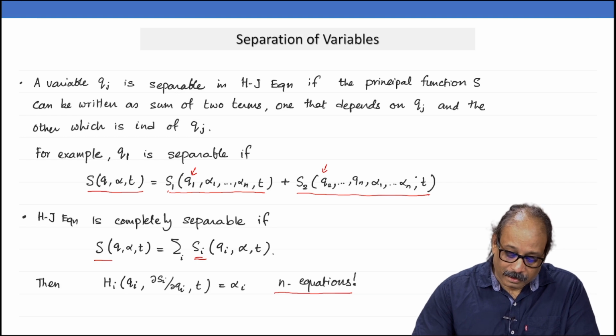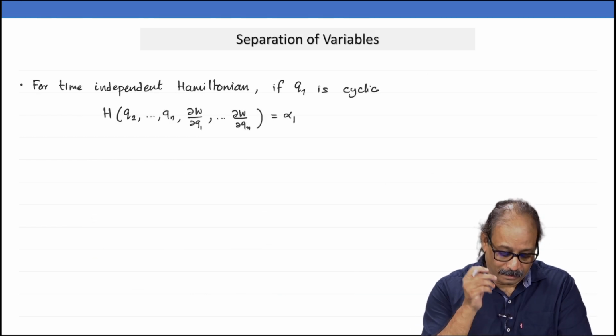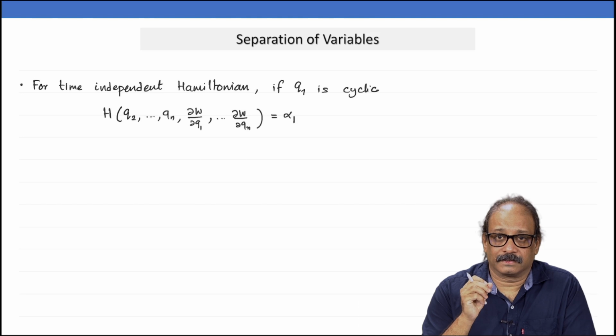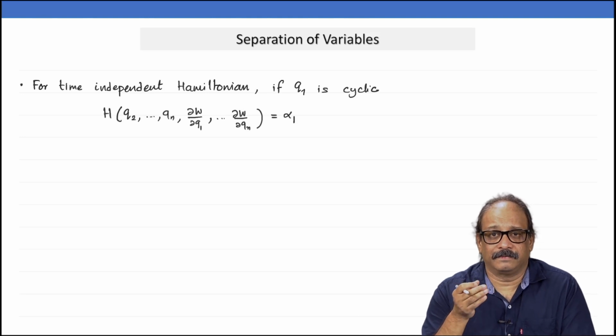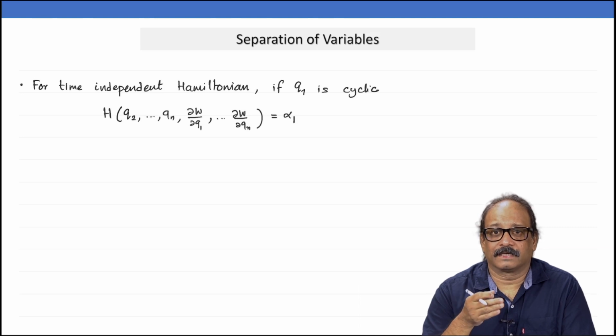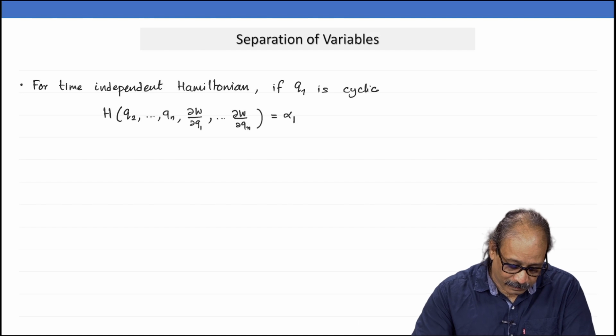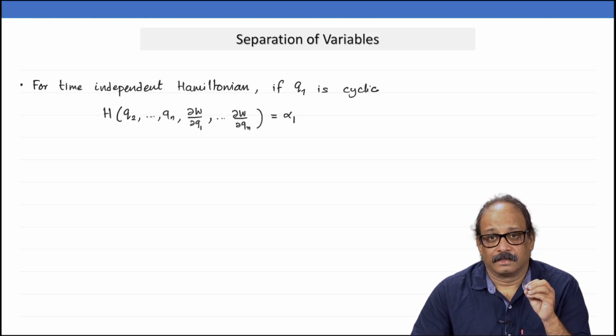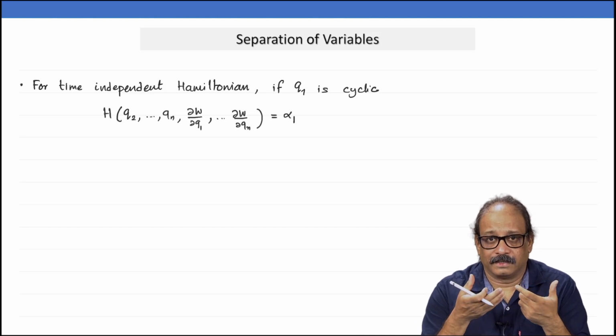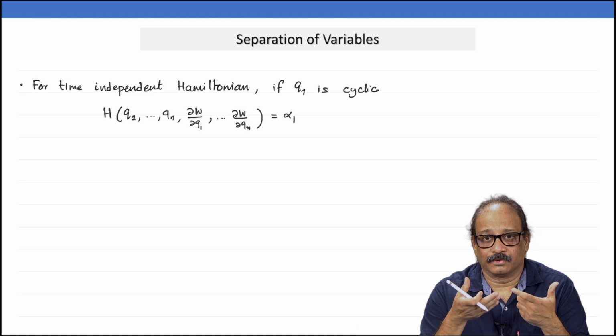Can you do the same thing for the characteristic function? Suppose the Hamiltonian is independent of time t, then we know that we can do a better job with Hamilton's characteristic function, the W function. In this case, if q 1 is cyclic, then I should be able to write the W function in terms of two pieces.